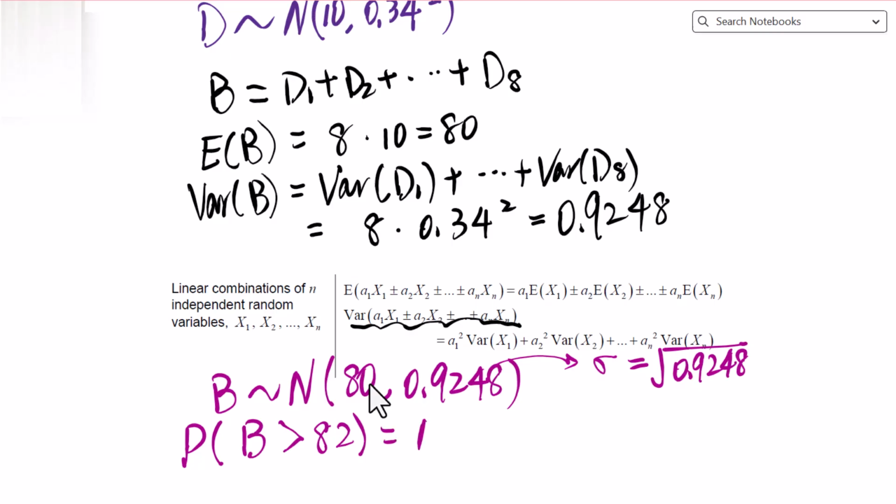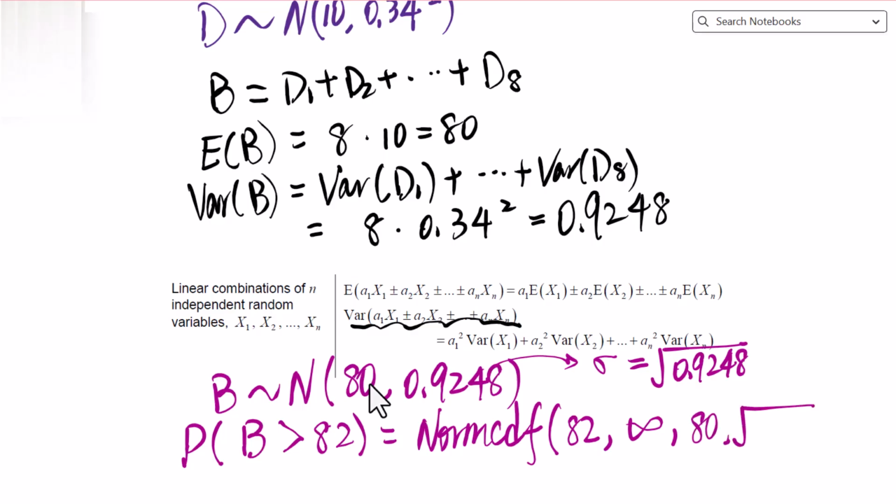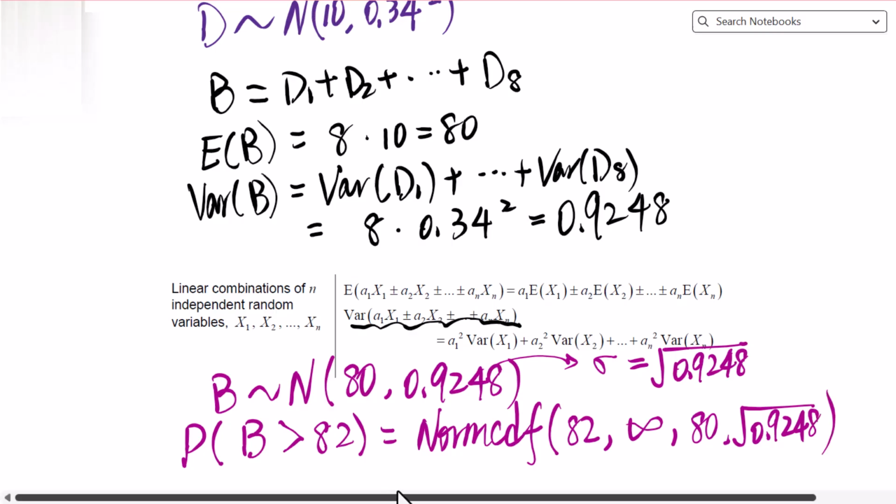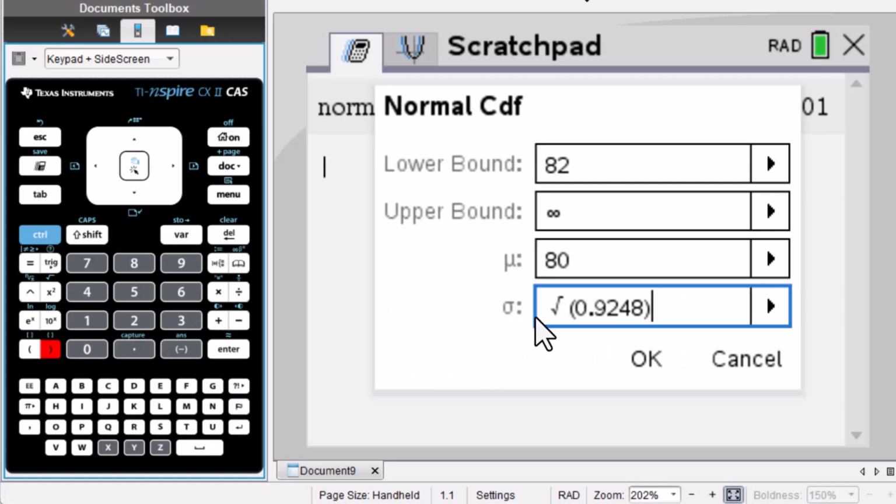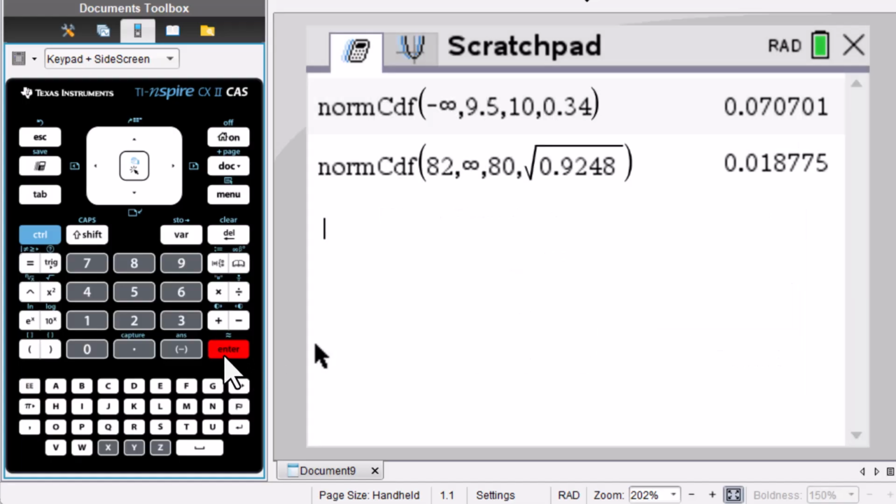Let's go to norm CDF. 82 as the lower bound, positive infinity as the upper bound, 80, sigma equals square root 0.9248. Enter, enter. Answer is 0.0188.